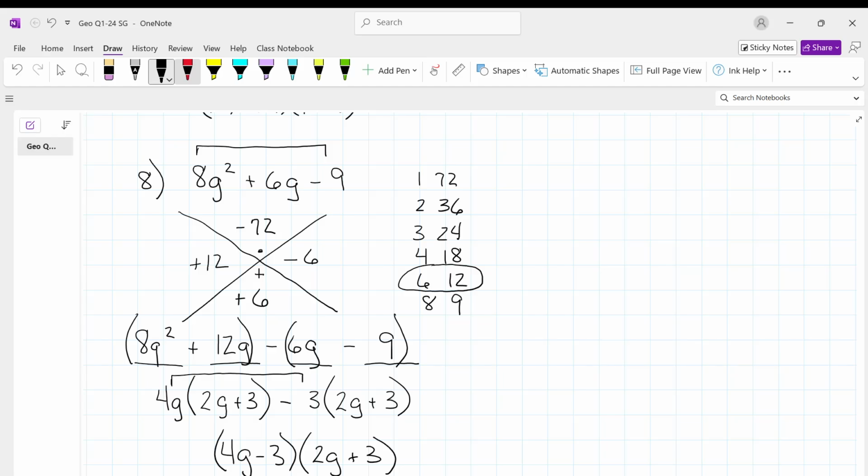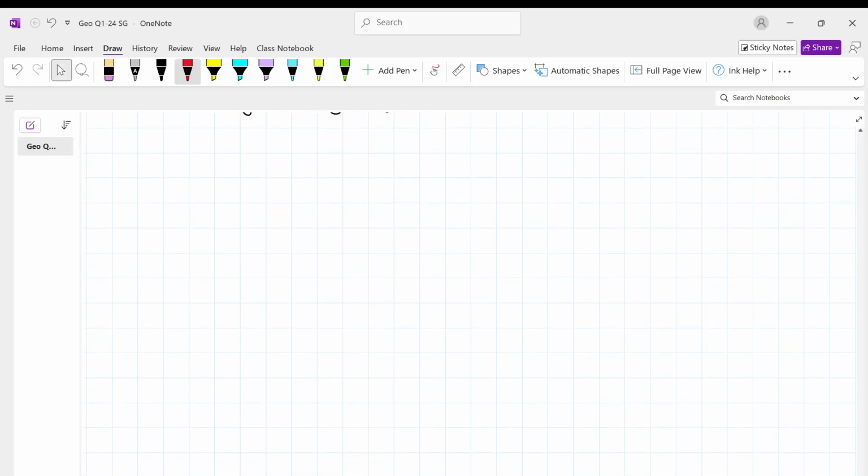All right, I got 2 more to show you. Problem number 9, we got 16x squared plus 32x plus 16. Again, the first term, 16x squared, is a perfect square, and the last term is a perfect square. So like I said earlier, the square root of the first term goes right here.